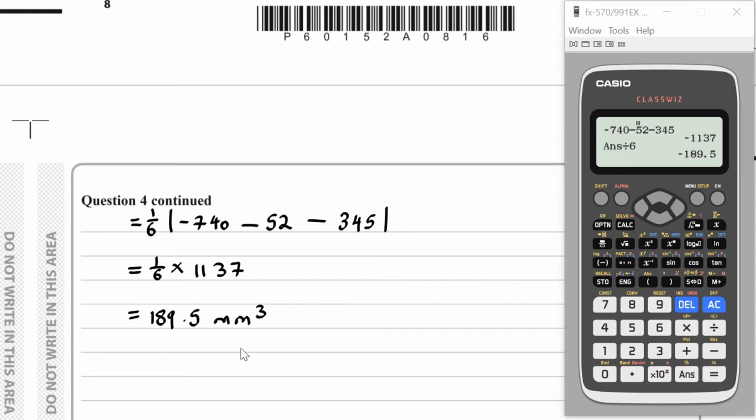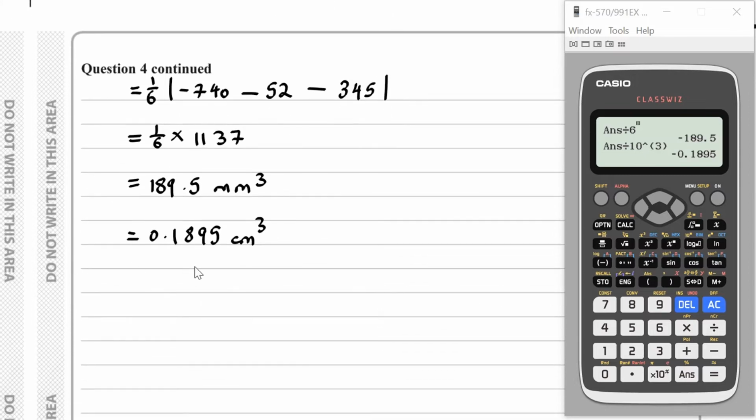millimeters cubed. And to convert this into centimeters cubed, we'd have to divide this result by 10 cubed. So we get a value of 0.1895 centimeters cubed. And the relationship between the density, mass and the volume: density is equal to mass over volume.